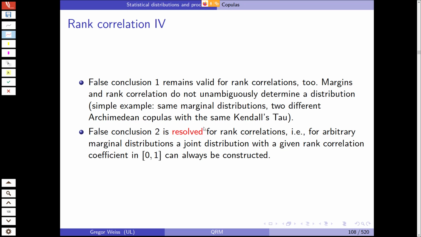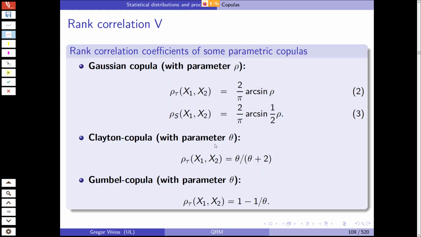But fallacy 2 is resolved. That is, for arbitrary marginal distributions, a joint distribution with a given rank correlation can always be constructed. So if you only know the margins and the rank correlation, you can always construct a joint distribution with these margins and this particular rank correlation between 0 and 1.